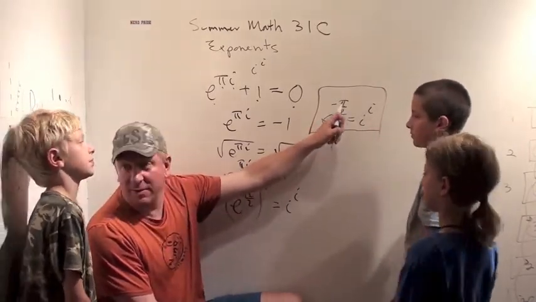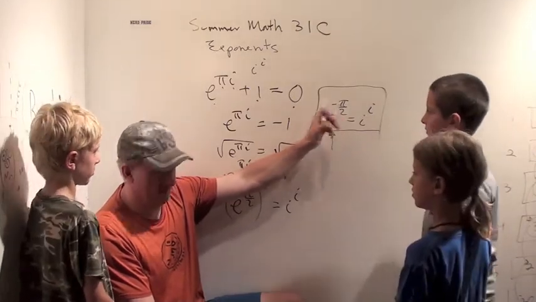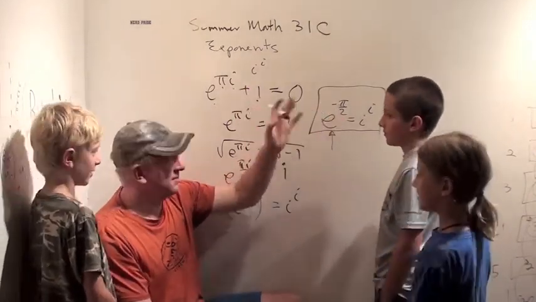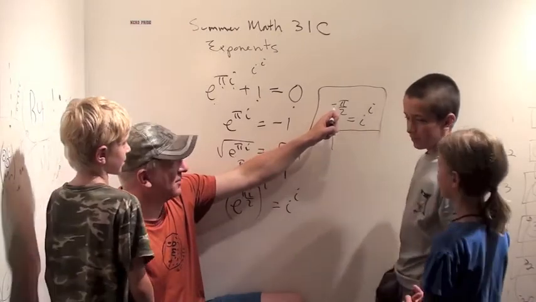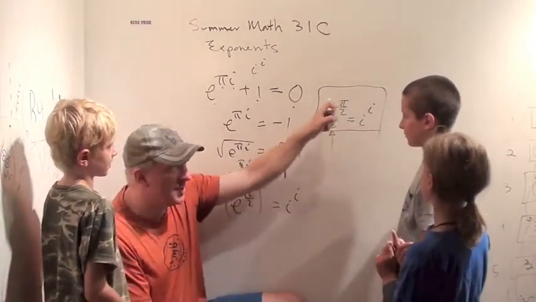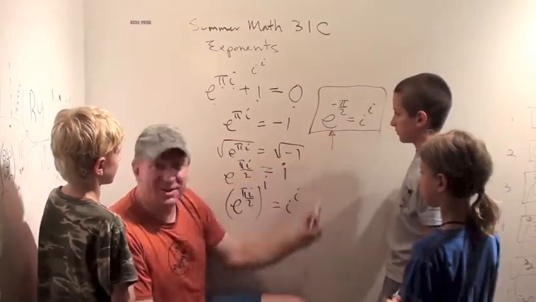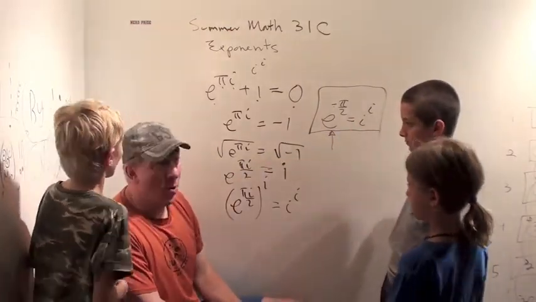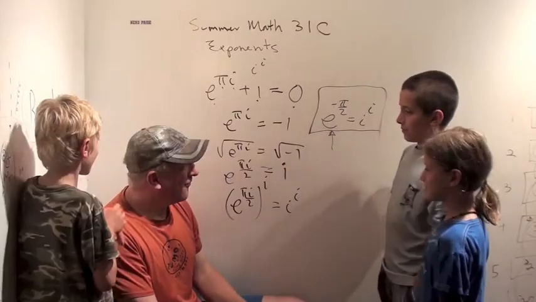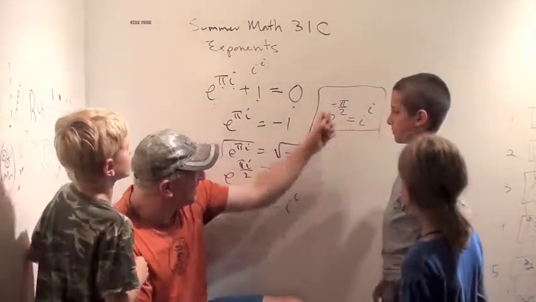Pi is a real number, 3.14-ish. Minus 1 is a real number. 1/2 is a real number. This side's all real numbers. This side is an imaginary number to an imaginary power. It gets you back to a real number. What? That's sort of weird. i to the i is e to the minus pi over 2.